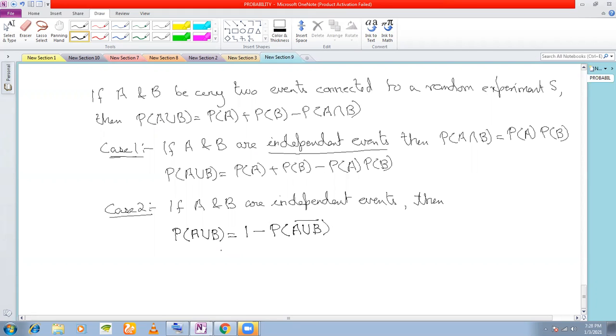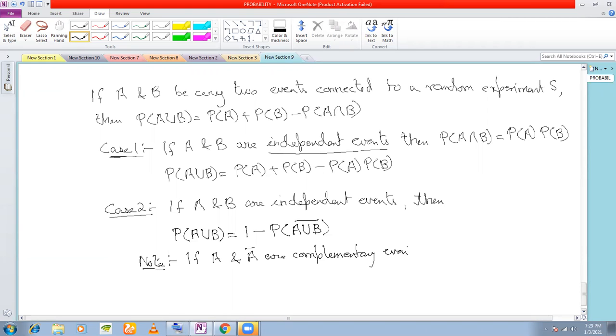Tell me. Do you remember the definition of complementary events? If A and A bar are complementary events, this you have done in your class 10 also.